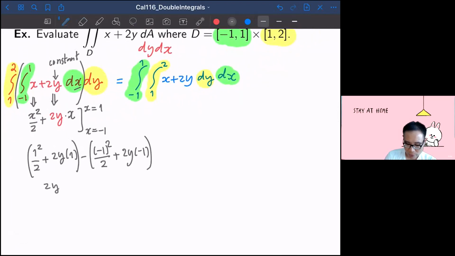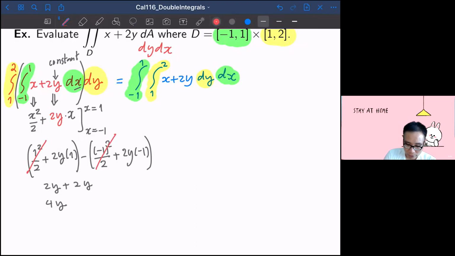So this will be 2y plus 2y, which is 4y. So it's going to be 4y for me. And this and this, you get rid of them. Okay, so this is what you have.